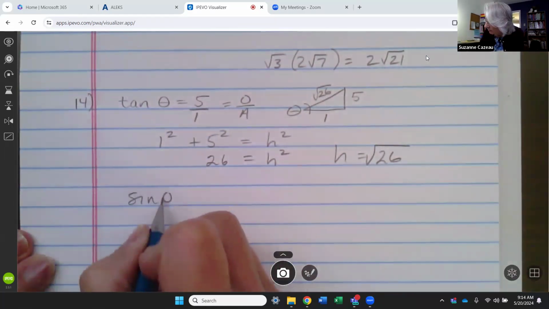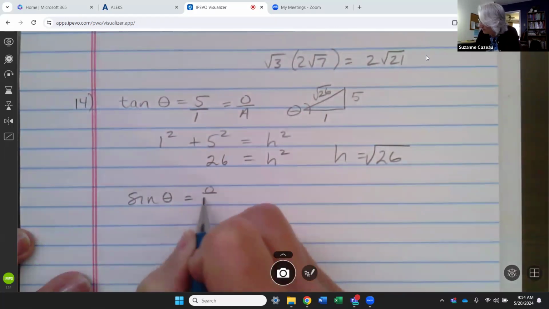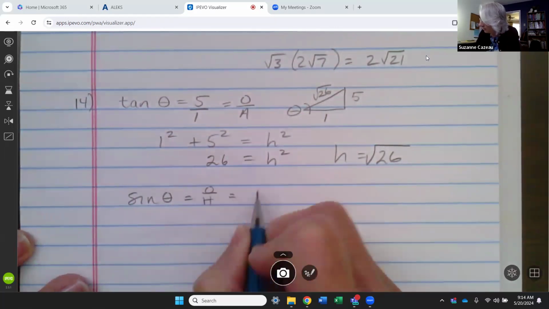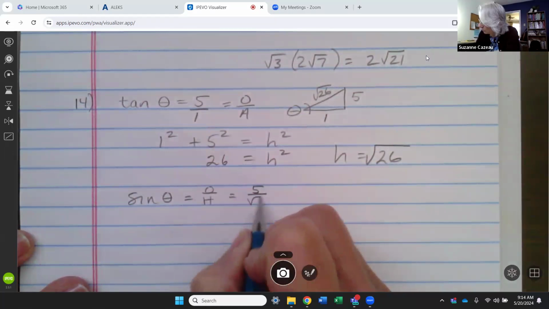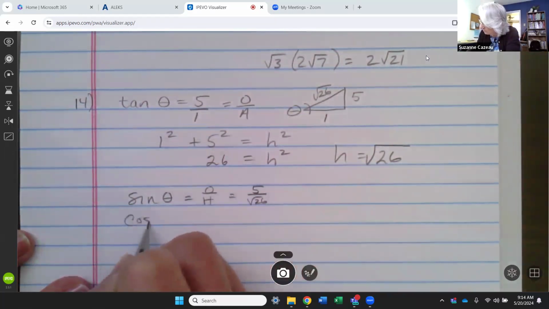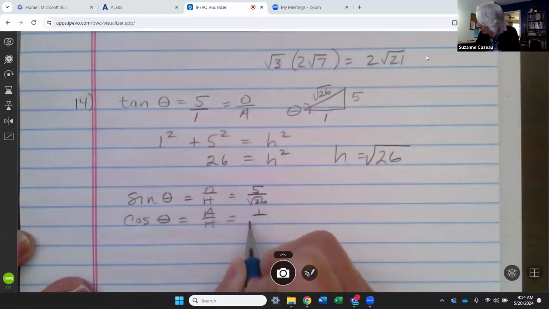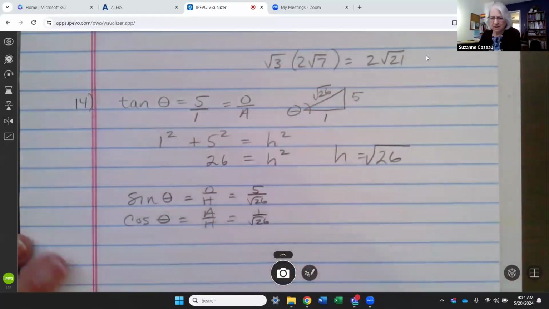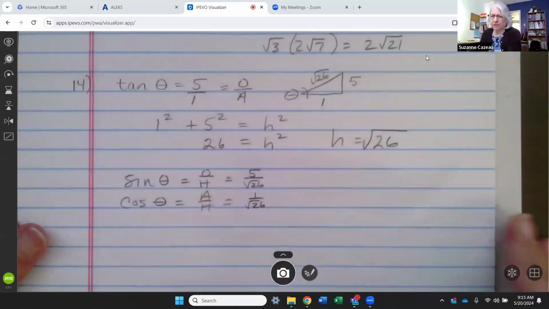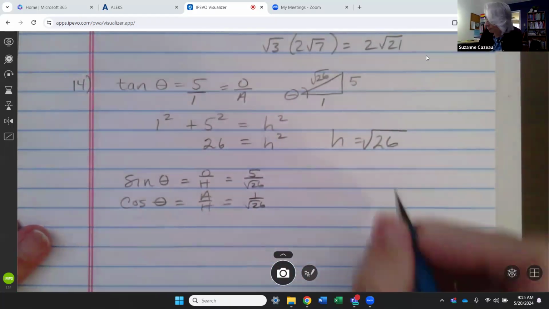So sine of theta, opposite over hypotenuse, is going to be 5 over root 26. Cosine of theta is adjacent over hypotenuse, so that's going to be 1 over root 26. By the way, you don't have to worry about rationalizing the denominator in this course.